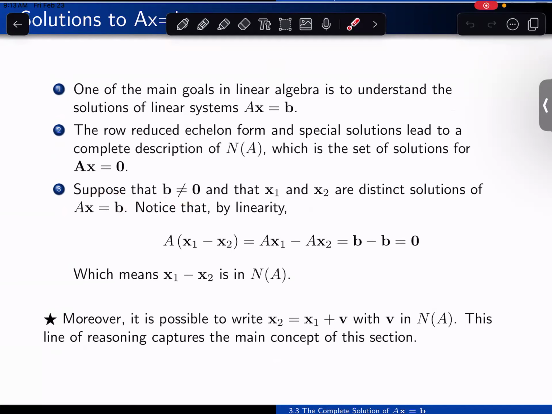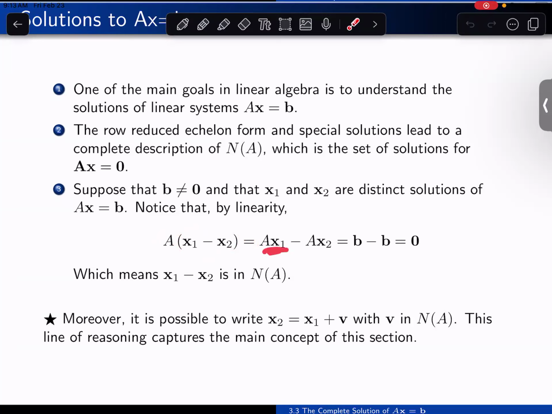We're going to suppose that x1 and x2 are distinct solutions of the system of linear equations. An interesting thing to note is that if we take the difference of the solutions x1 and x2 and multiply it by A, by linearity, distributing multiplication over this difference, we have Ax1 minus Ax2.